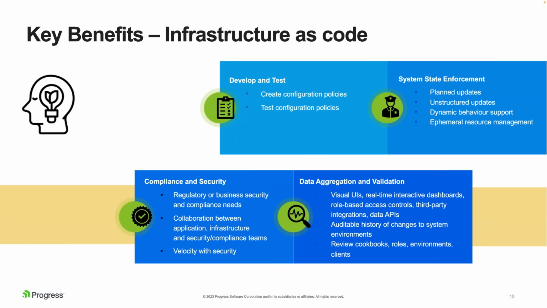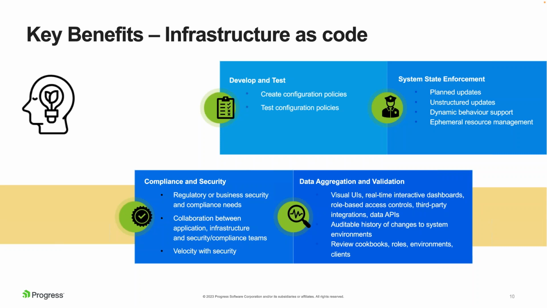But here are the key benefits of infrastructure as code. When we say infrastructure as code, quite simply put, it is codifying your infrastructure policies to make sure they are delivered consistently at all times. But let's go beyond that simple definition of infrastructure as code.